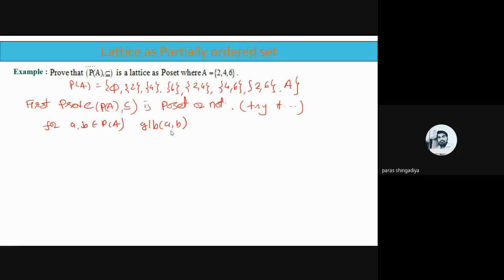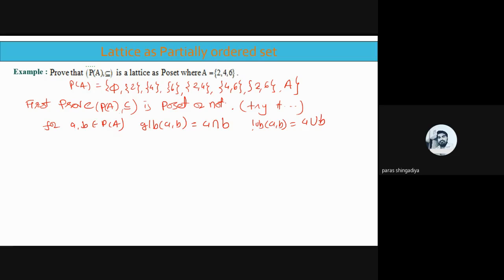Okay, for divides we are using the GCD and LCM. For less than or equal to, we use the minimum and maximum, and now for subset we'll use the intersection, A intersection B, for a GLB, and for LUB of the two elements A, B belonging to P of A, we'll use the A union B.